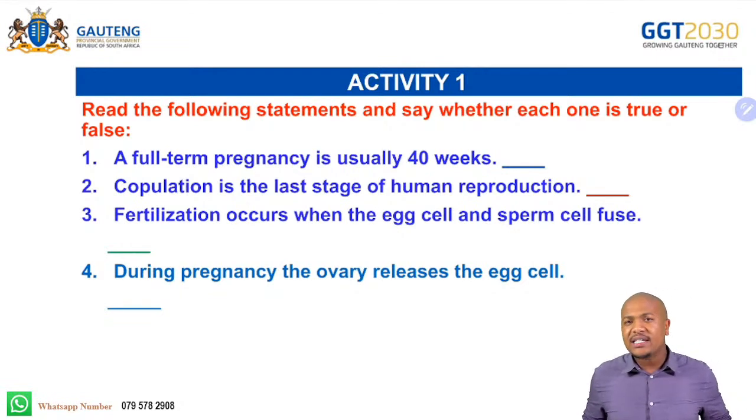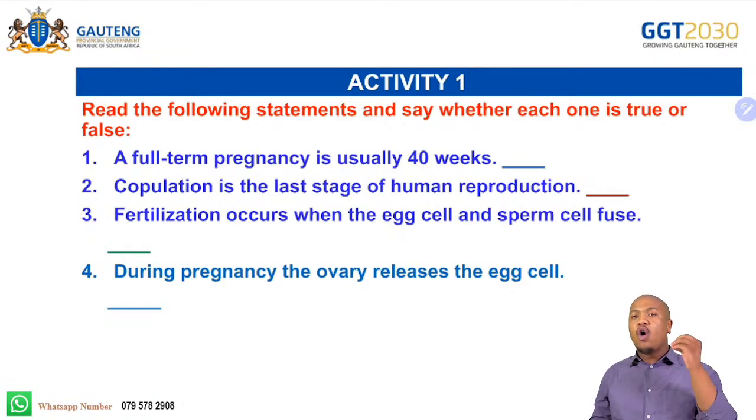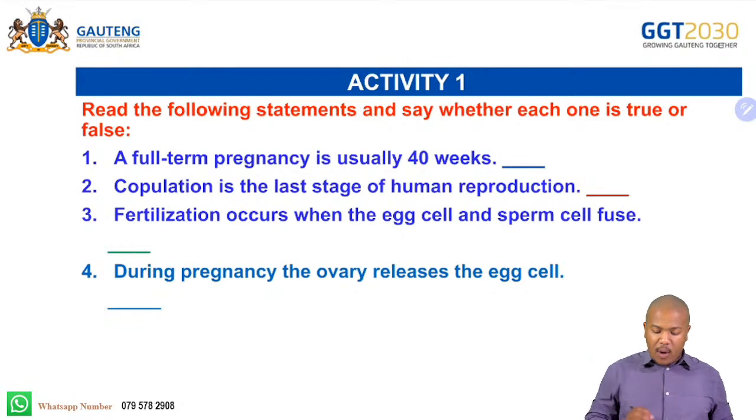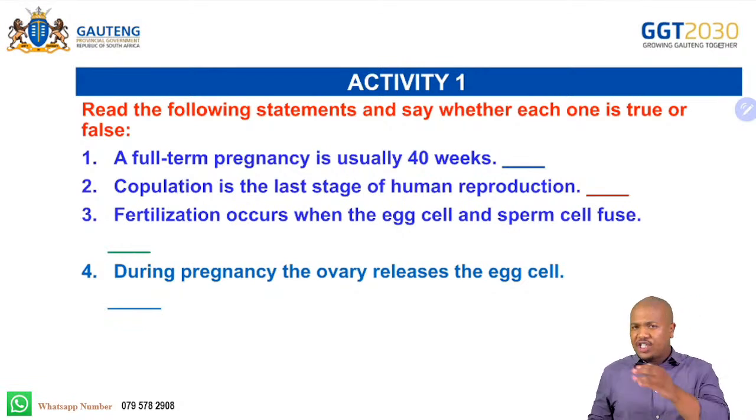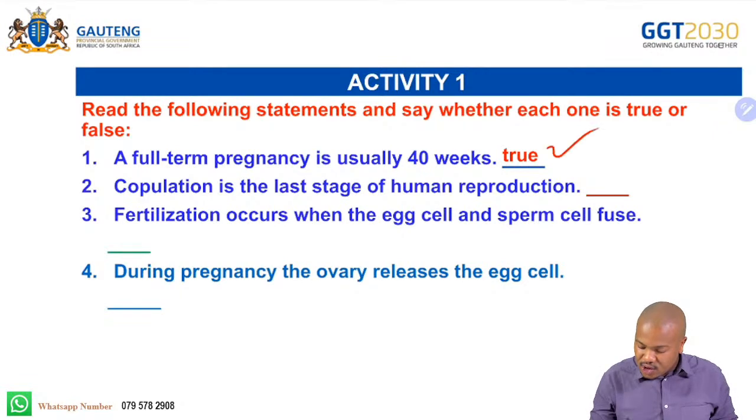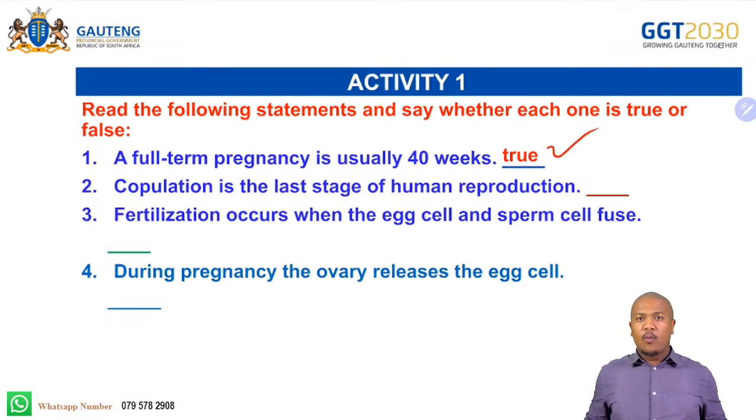Now, let's look at the solutions together. Read the following statements and say whether each one is true or false. Number one, a full-term pregnancy is usually 40 weeks. Is that true or false? The answer is true. Number two, copulation is the last stage of human reproduction.